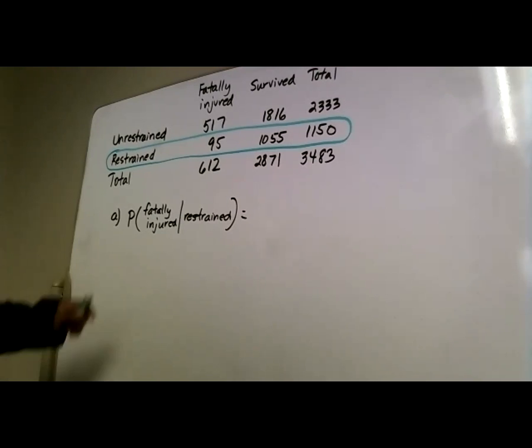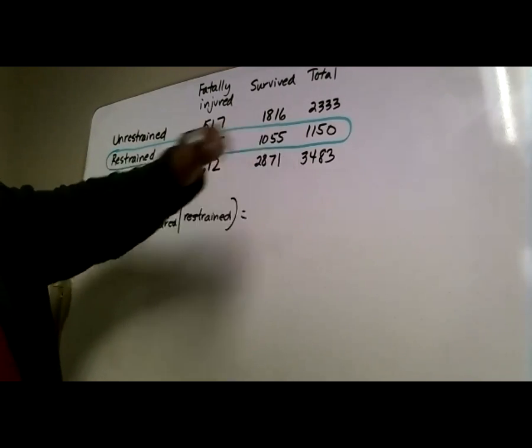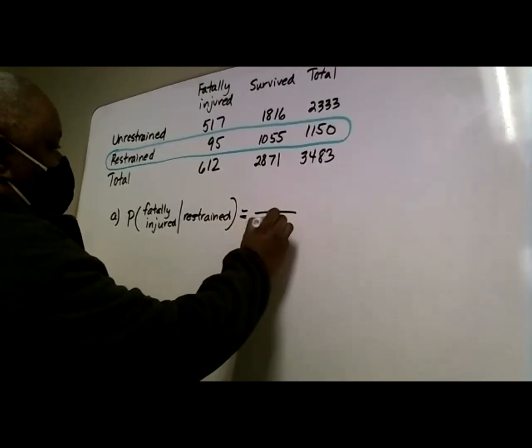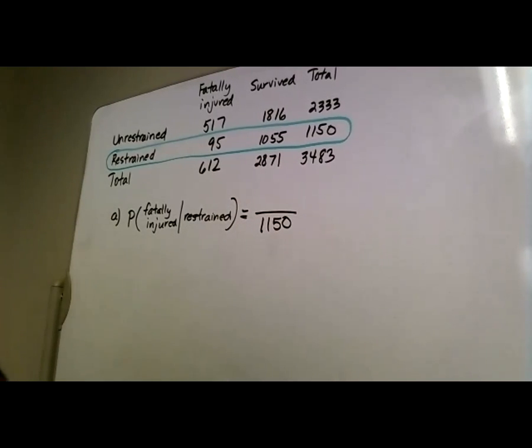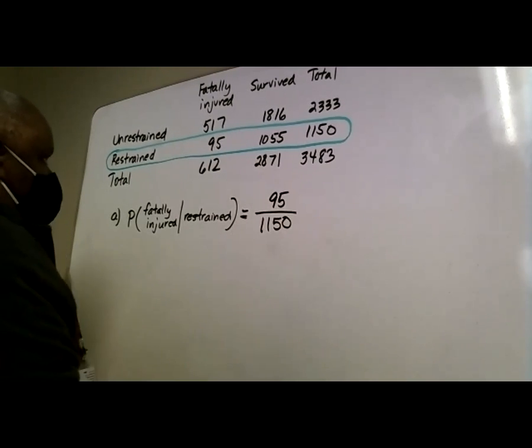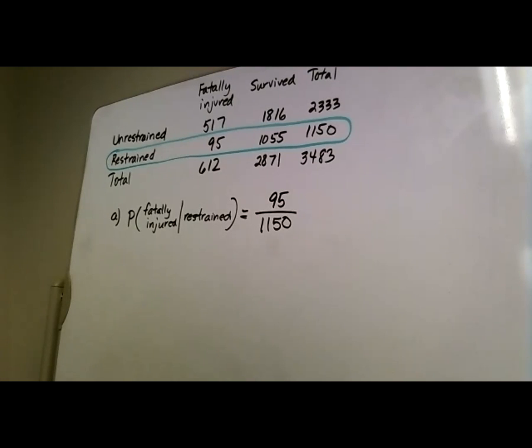Now, the total number of occupants that were restrained is 1,150. That 1,150 is the denominator. And out of the 1,150 that were restrained, how many were fatally injured? 95. That goes in the numerator. That's the probability that a randomly selected occupant was fatally injured, given that he or she was restrained.